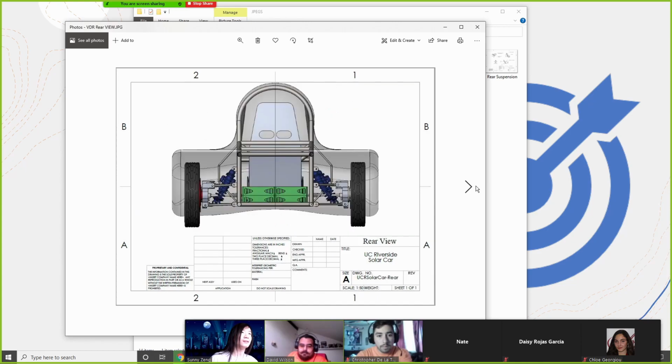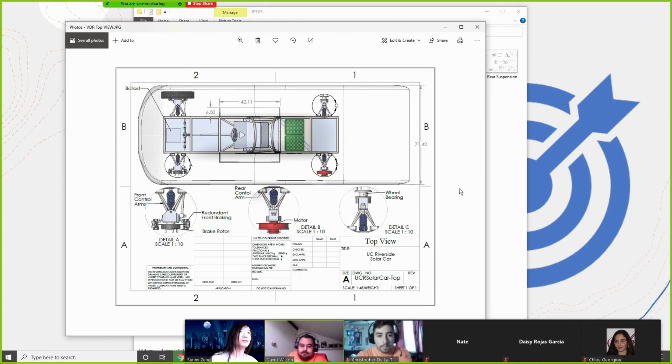There's a top view. And there's not really much of the electronics in this model, so I guess we'll put those in later. Yeah, that's what we're probably going to be doing, mapping those out, because if we don't and it gets put together and nothing quite reaches, then we have problems.